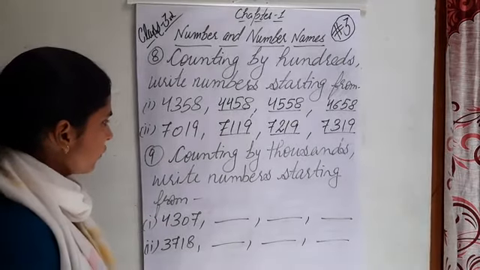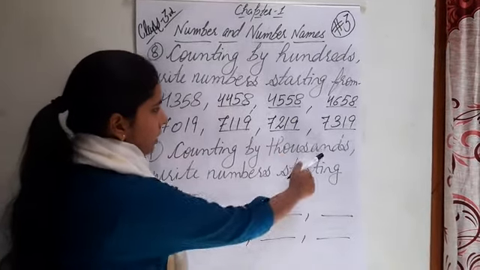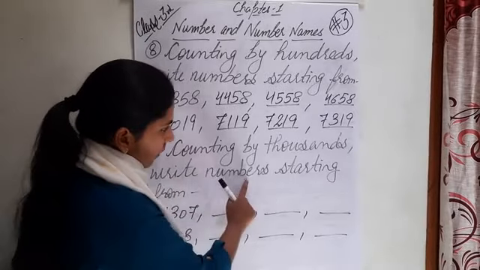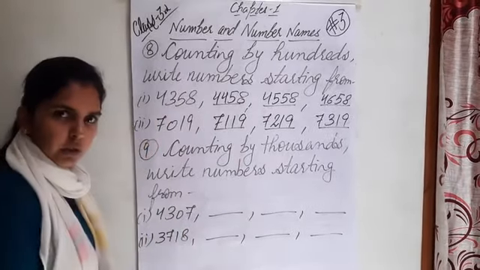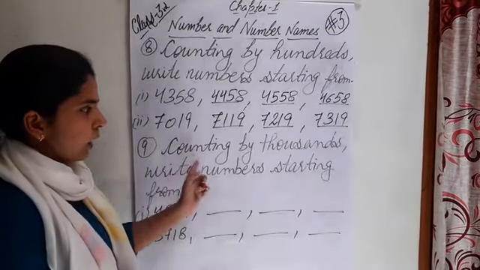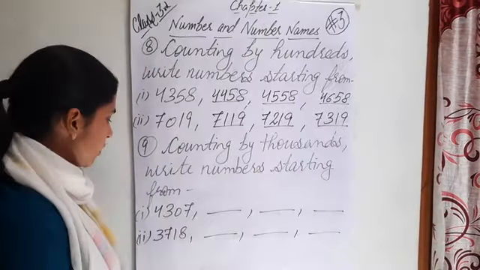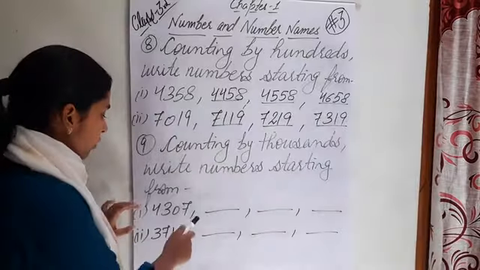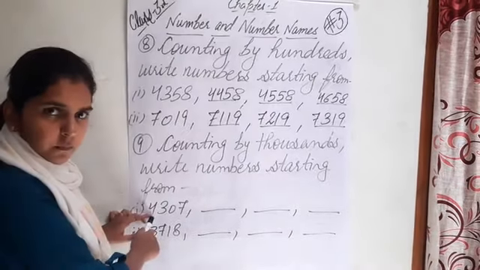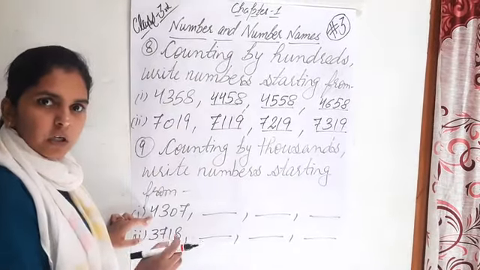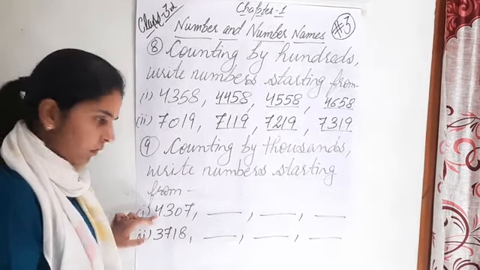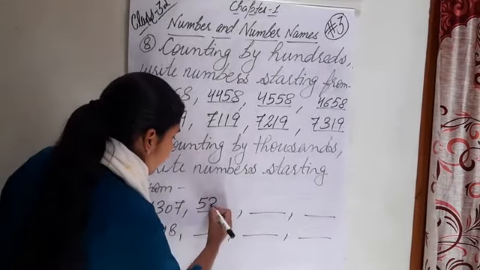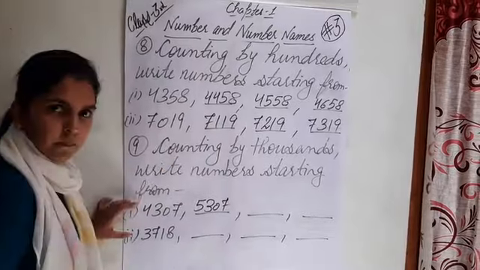So the next question is counting by thousands, write numbers starting from. This time we need to count by thousands. It means we will go to the digit at the thousands place. So the digit at the thousands place is 4. After 4 in counting, which number comes? 5. So there will be 5307.